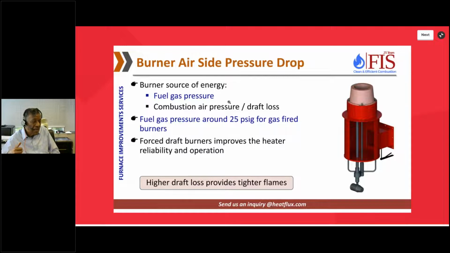So the higher the draft loss, the tighter will be the flame. If you use forced draft burners where we have 2 inches or 3 inches of air pressure, then you will have even tighter flames and much better combustion. So these are the 4 parameters I talked about.